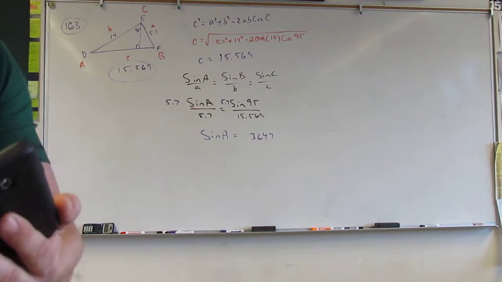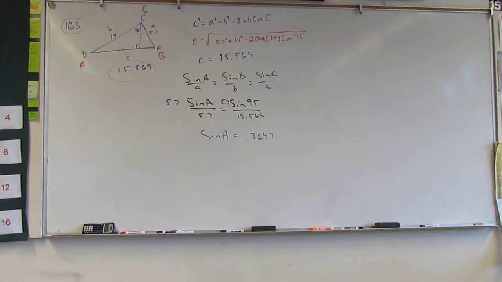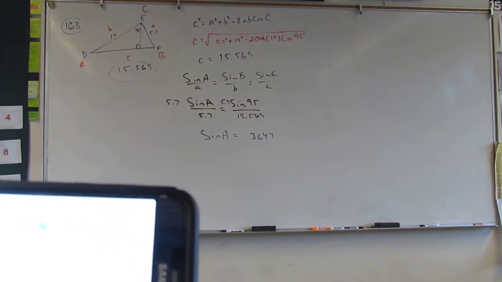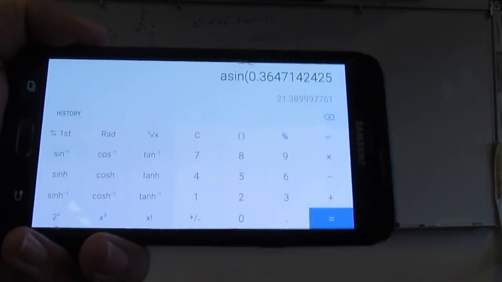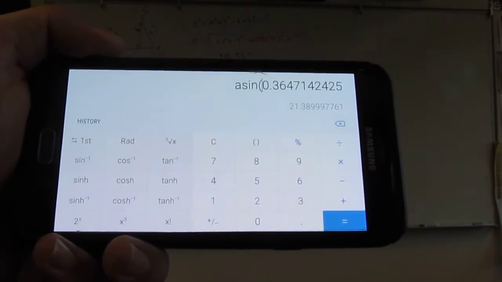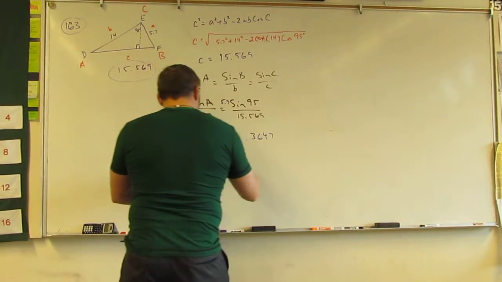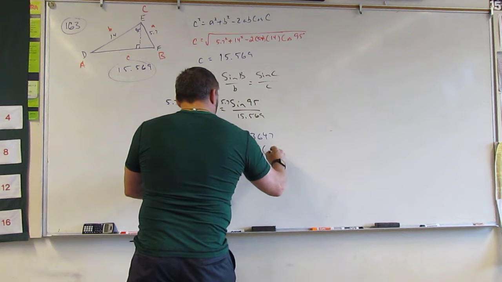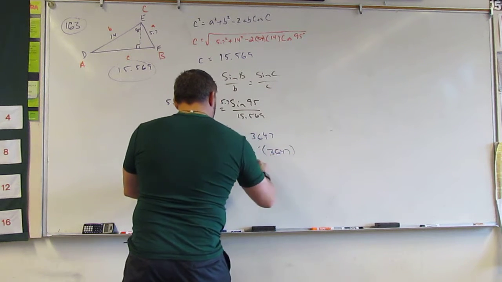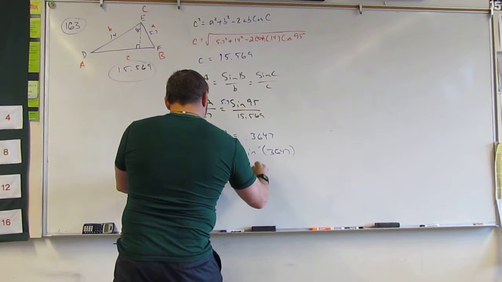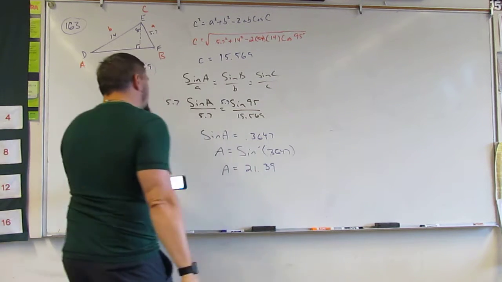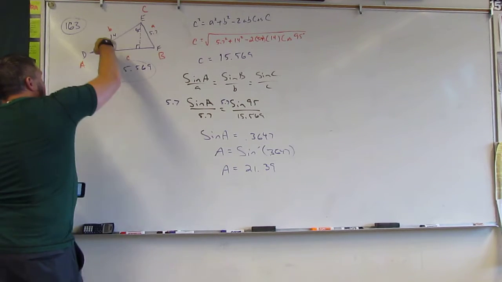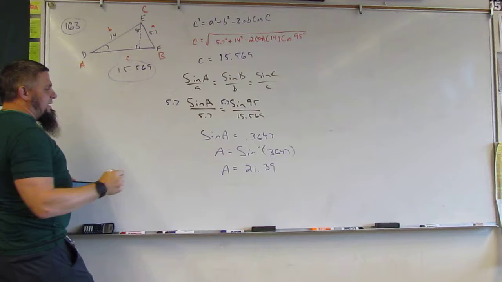And then what I'm going to do is inverse sine that. Okay, and now it's going to be 21.3839. So A is equal to the sine inverse of 0.3647, which is A is equal to 21.39. Okay? So that's going to be my A, or in their case D.